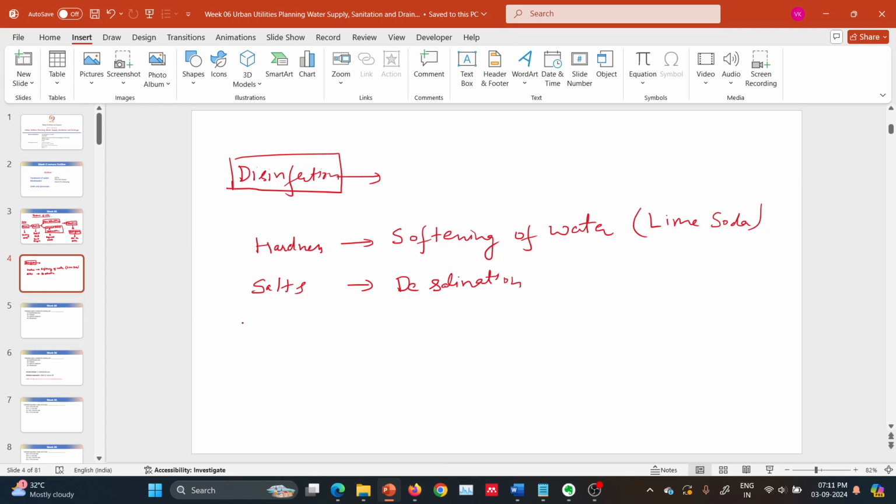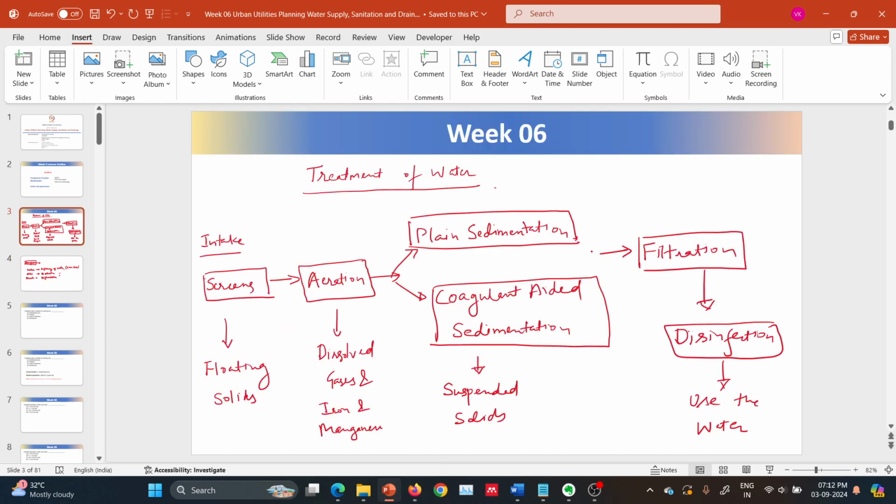If it has more fluoride, then we can go for defluoridation. Likewise, if water has some excess pollutants, then we can remove them with the help of these units, which are in this slide and in the previous slides.